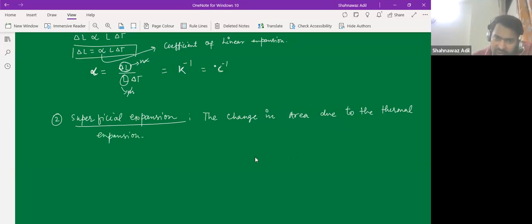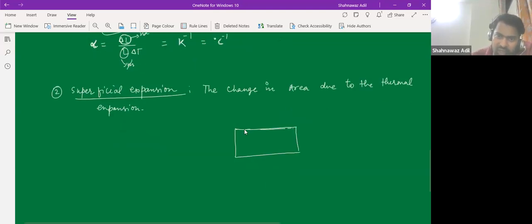So what do we have? We have this rectangle, and we increase the temperature of this sheet, and the area is increased.